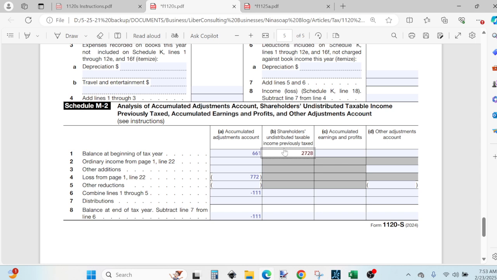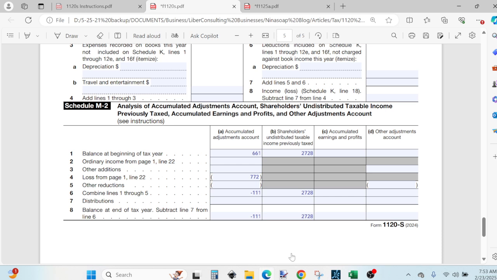The brown just means you don't put anything there. So if you combine line 1 through 5, we are having 2728. And then distribution, if there is any, we'll go there, and the balance is going to be 2728.